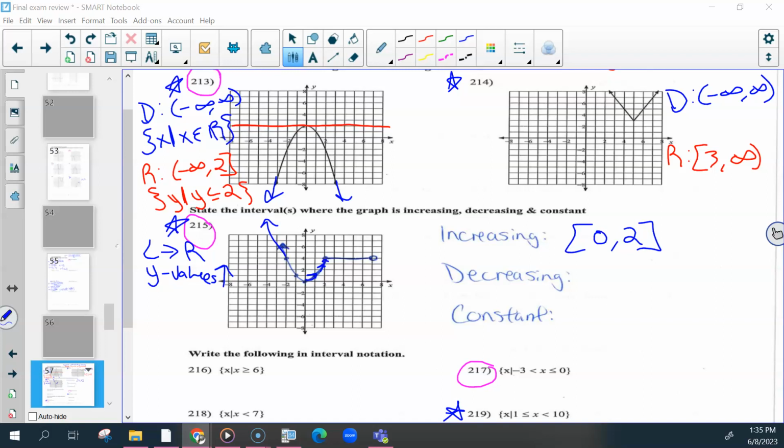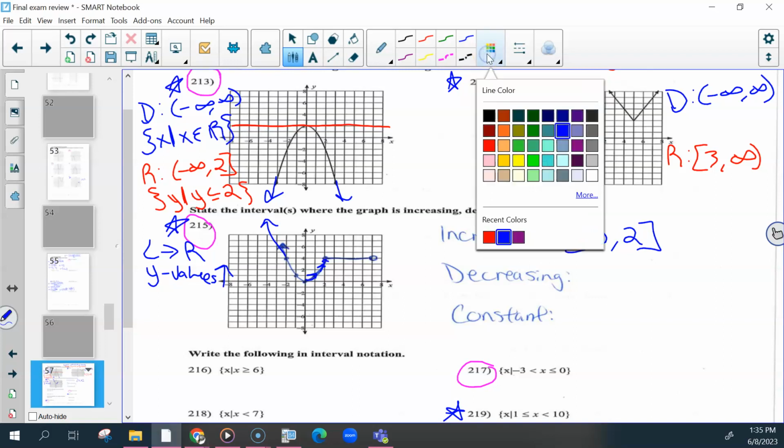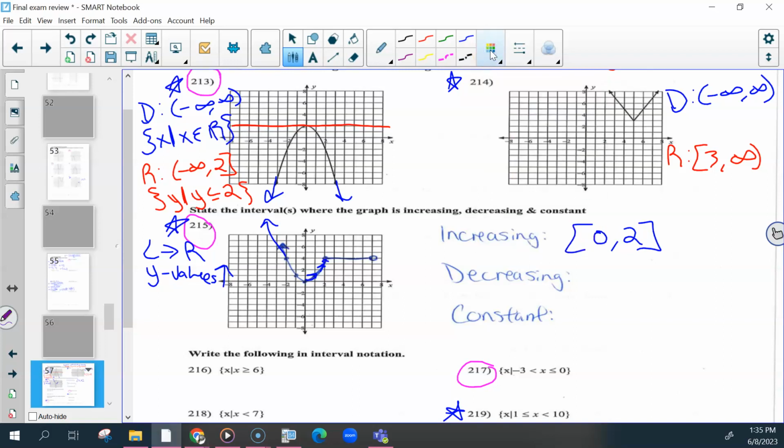Decreasing would be the opposite. You're looking for where your y values are going down as you're looking left to right. So starting at negative infinity for your x's, your y values start to go down and stop at 0. So that would be negative infinity to 0.